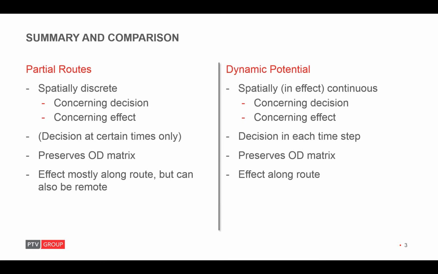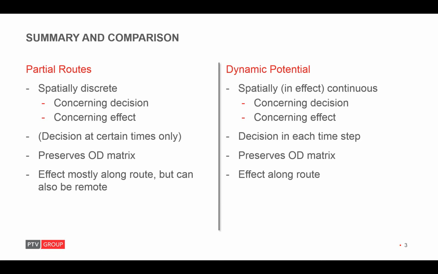Partial routes and dynamic potential both preserve the OD matrix, so it's both just local rerouting. For partial routes, the effect most of the time is along the route, but it can also be remote. I've shown an example to you where the effect was remote when I modeled what's going on in the imagination of pedestrians and not what really happened.